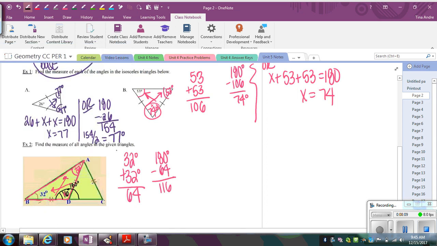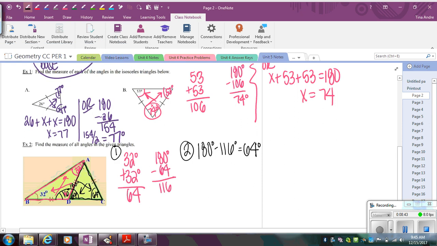So this was for my first part. My second part, I have supplementary angles, so that means I could subtract off 116 from 180. And when I do that, I'm getting 64, which we already saw here because it's the same subtraction. So we get 64. And now I can look at this and say, okay, well, I have an isosceles triangle right here with 2 congruent base angles. So this has to be 64 as well.